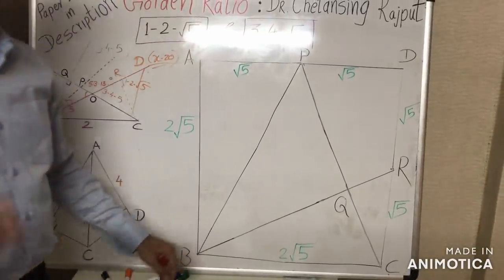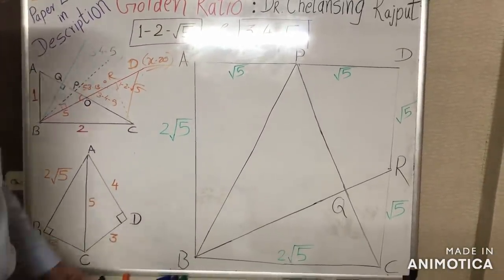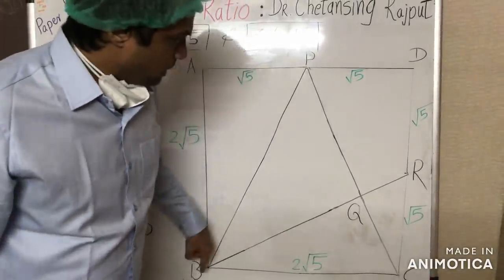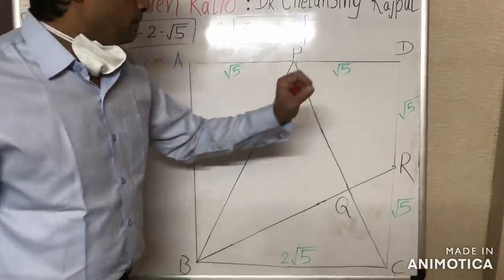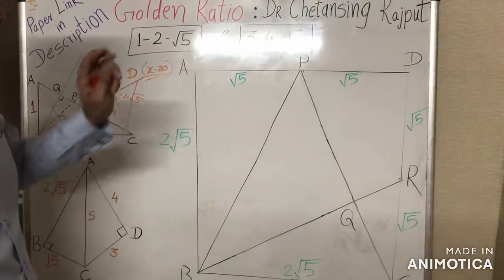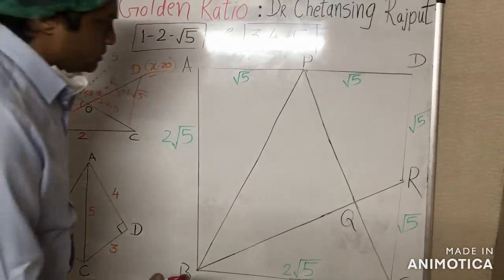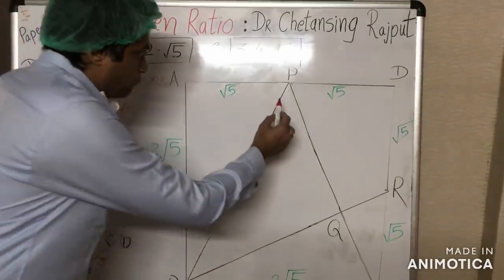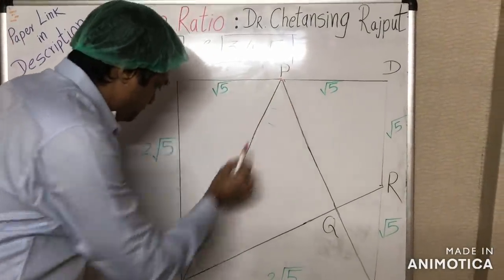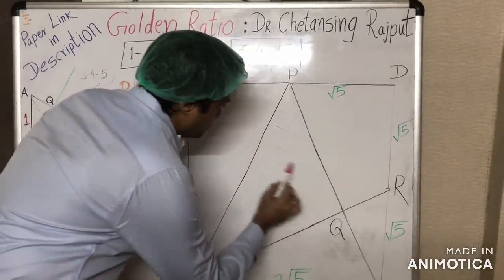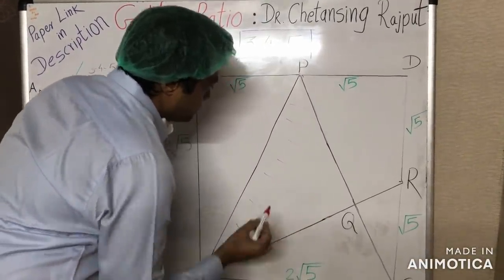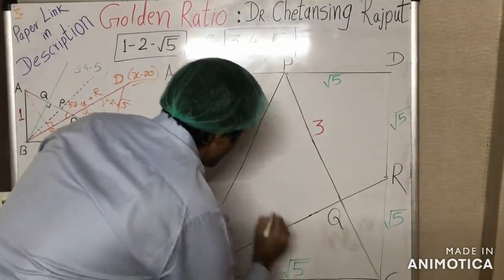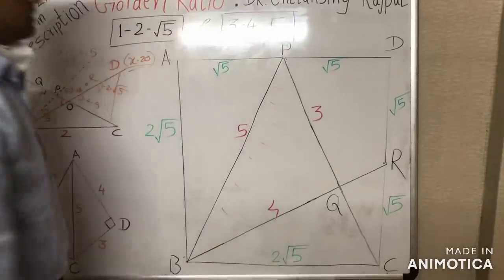Such a simple dissection of a square by 3 line segments, PB, PC and BR, gives us an interesting geometric figure. The triangle formed here in the center, triangle PBQ, is precisely a 3, 4, 5 Pythagorean triple.